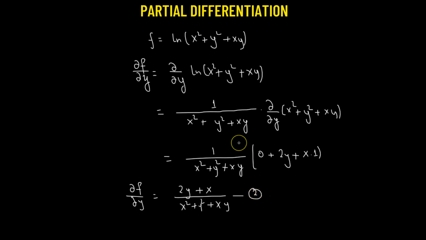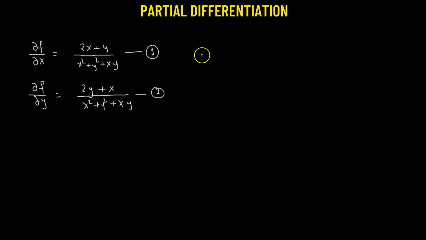Now we will use equation number 1 and equation number 2. We take equation number 1 and multiply both sides by x. So we have x multiplied by the partial of f with respect to x, which will be equal to x times the numerator, so we'll have 2x squared plus xy divided by x squared plus y squared plus xy.